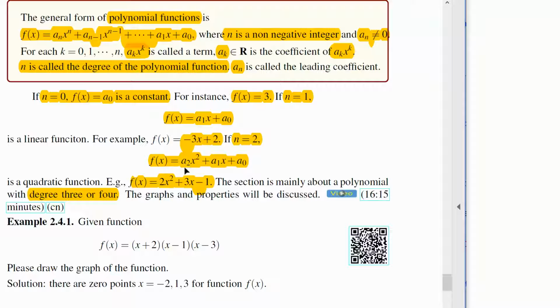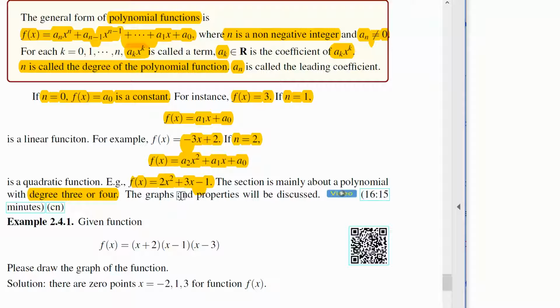In our example, 3 is the coefficient of x, and 2 is the coefficient of x squared. 2 is the leading coefficient. The coefficient of the highest degree will be the leading coefficient.